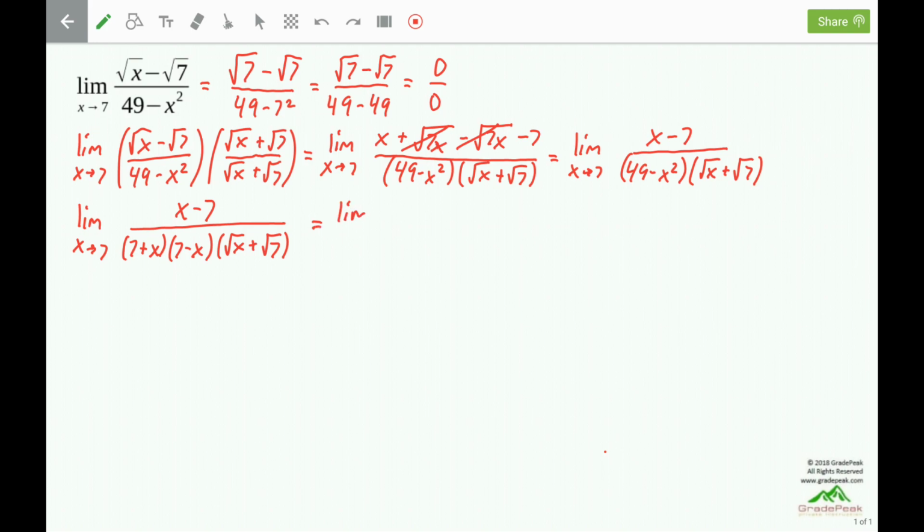Let's factor a negative out of the numerator, and that will make the 7 become a positive and x become a negative, which will make it match the form of the one we see in the denominator.